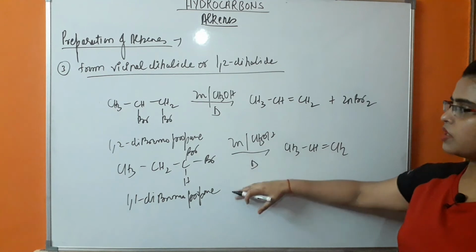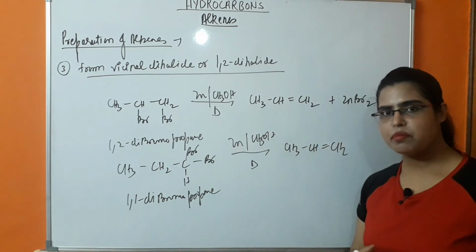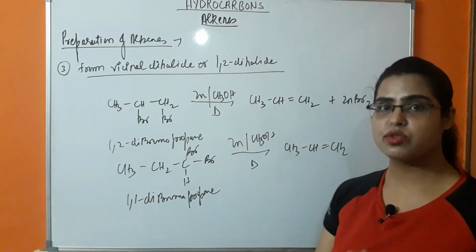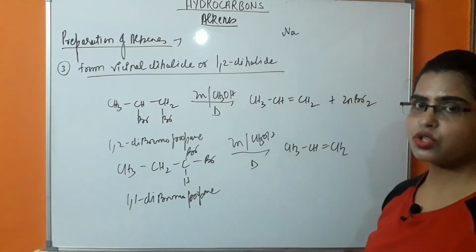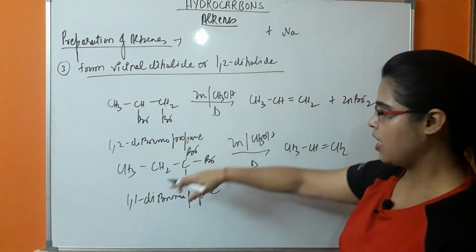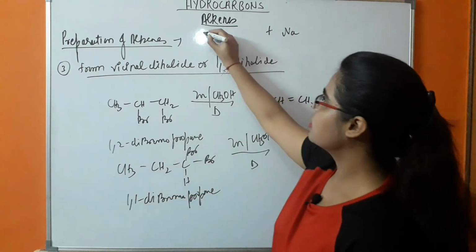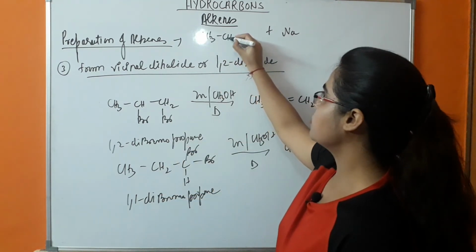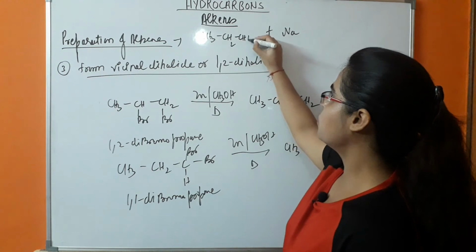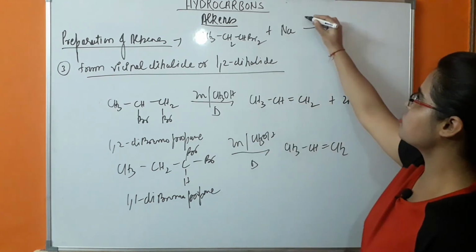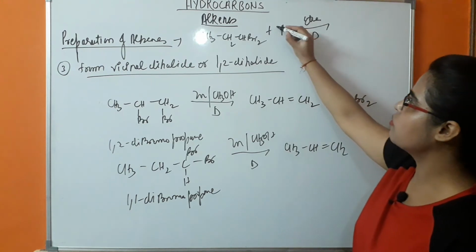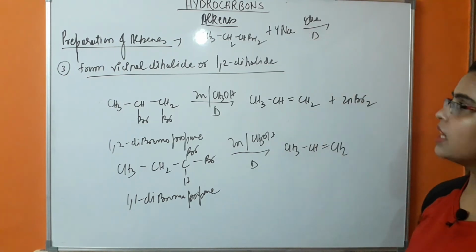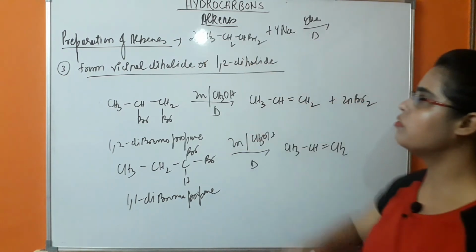Okay, instead of zinc, if some other metal is used, for example sodium, what will happen in this case? If sodium is used and the example is CH3, CH2, CH, Br2, in the presence of ether and heat, 4 atoms of sodium will be taken, and 2 molecules of this.